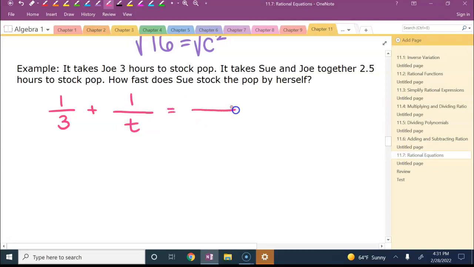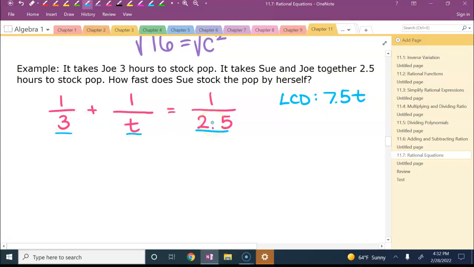Now together, for them to do one job, it takes 2.5 hours. Okay, so for your least common denominator, that would be if it has all three of these pieces here. So 3 times t times 2.5, which would be 7.5t. So what we're going to do is make sure that all of these have 7.5t.